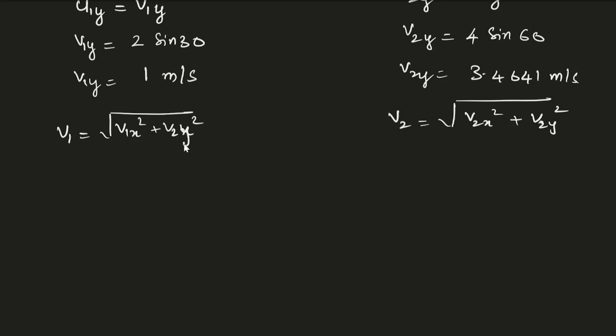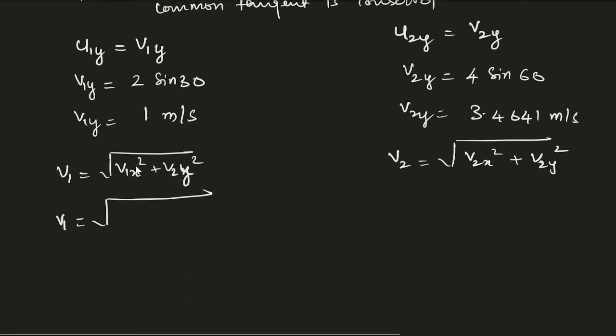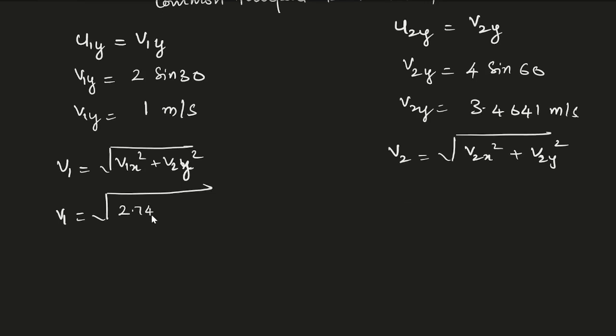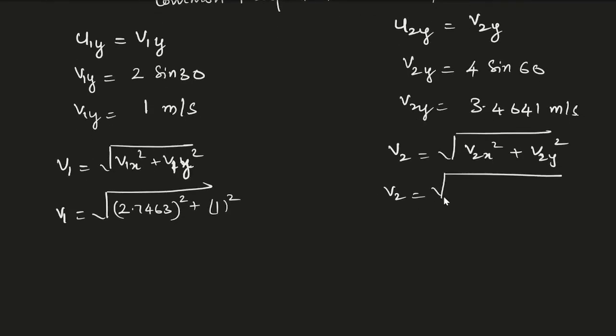So v1 will be equal to root of v1x square, where v1x is 2.7463, the whole square, plus v1y, which is 1 meter per second, squared. And v2 equal to root of v2x square, where v2x is 0.2392, the whole square, plus v2y, which is 3.4641, the whole square.